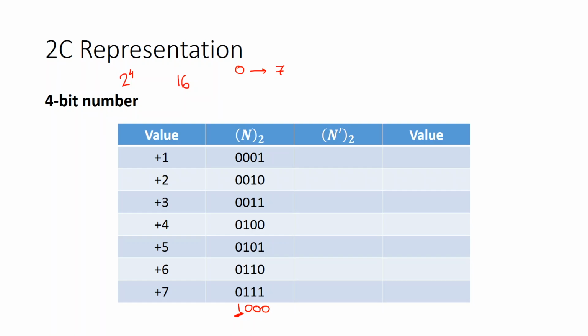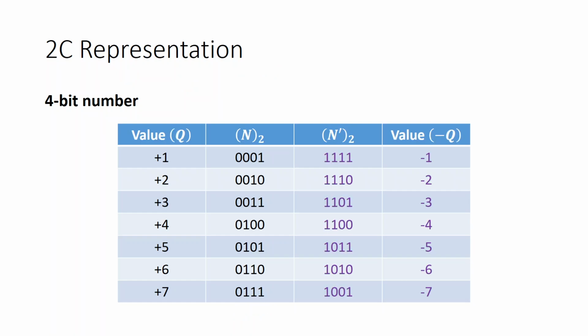Now what you can do, you can simply take the complement of these numbers and they will represent the corresponding negative quantities. You can simply take the 2's complement of these numbers in the second column, and they would represent the corresponding negative quantities.